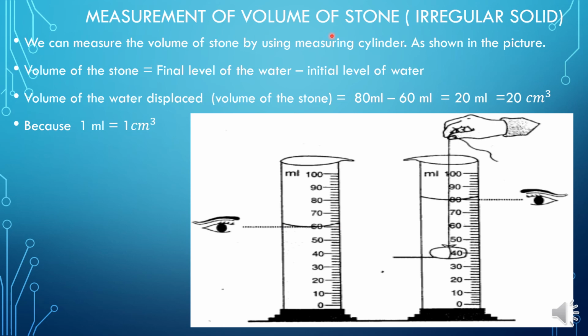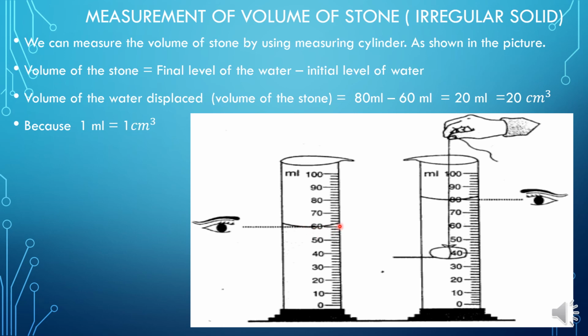Measurement of volume of a stone. A stone is an irregular body. Here we have taken two measuring cylinders. The first measuring cylinder is not completely filled. First it is filled with water up to 60 ml. You can see this mark which I am marking.